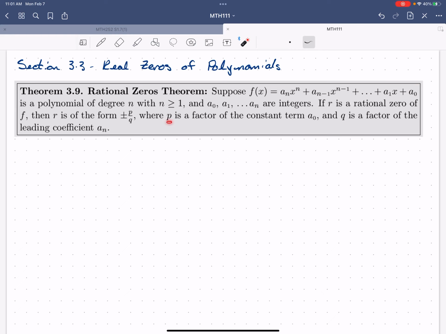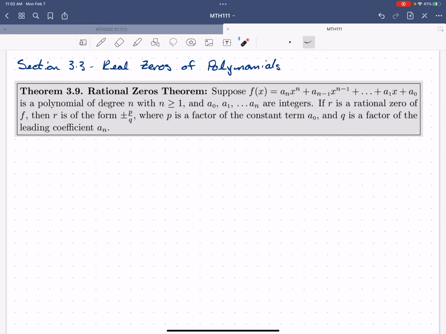So we're going to call p's factors of the constant term and q's factors of the leading coefficient. And then we're going to build a list of p's over q's. And the bottom line is that any rational number that is a zero of this function will come from that list. So that's a lot of math speak. Let's put it to work.